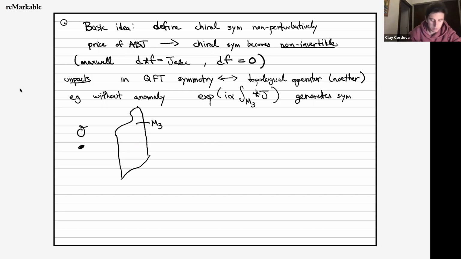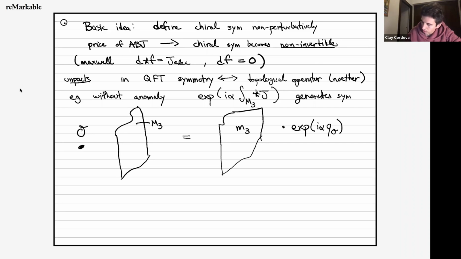Except sometimes when you do such a wiggle, you may cross a local operator. If you do that, you pay a price because of the Ward identity. So it looks the same. You have your M3 again. But now you get back your local operator dressed by the phase that comes from the action of this symmetry on this operator. So this is our topological operator.